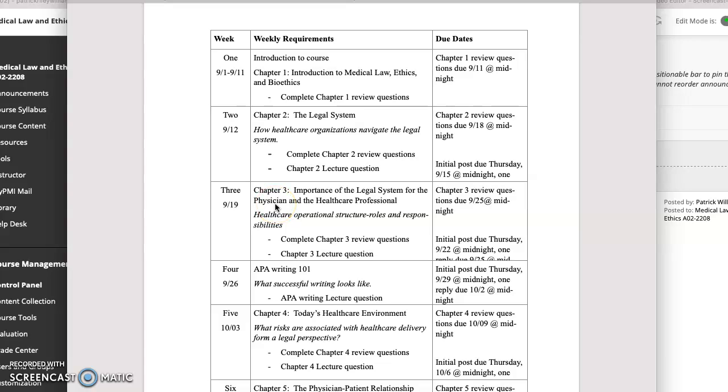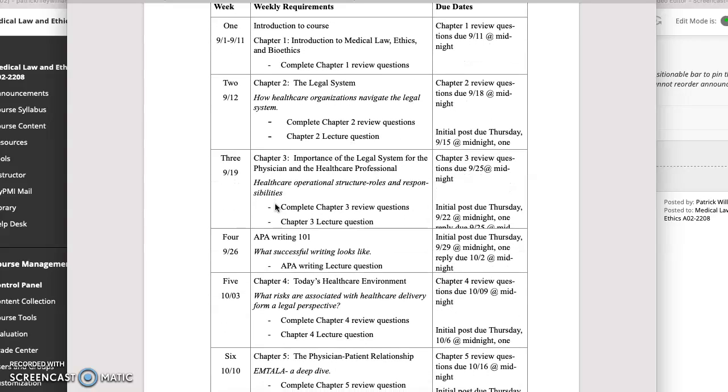So I just wanted to highlight this is, of course, week 3, and we're talking about the importance of the legal system for professionals, right? Healthcare professionals, and then also healthcare operational structure, roles, and responsibilities.